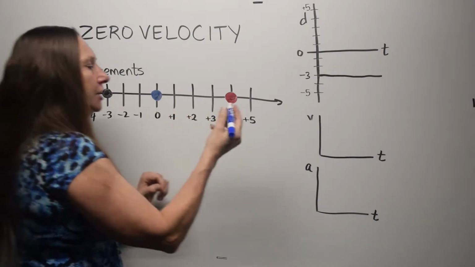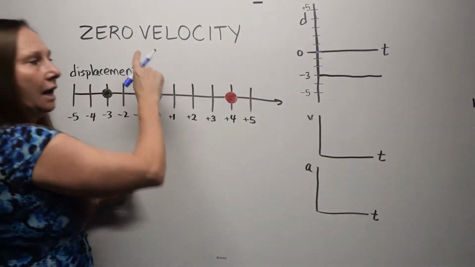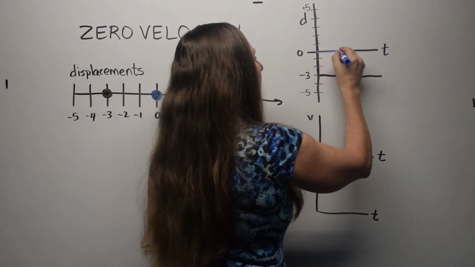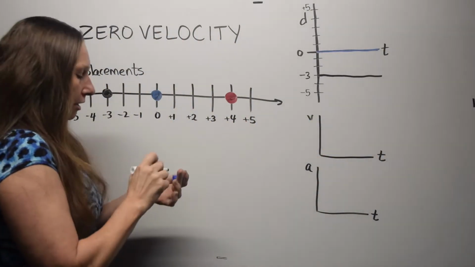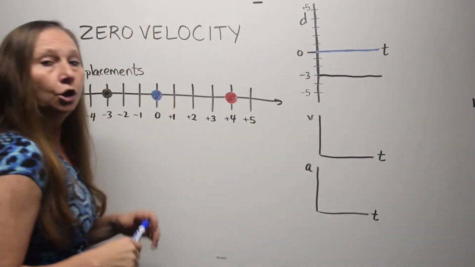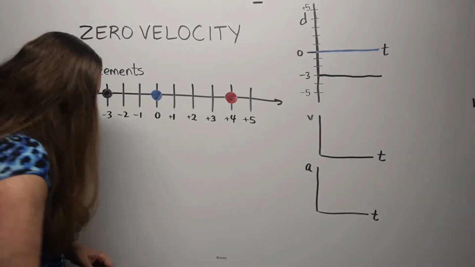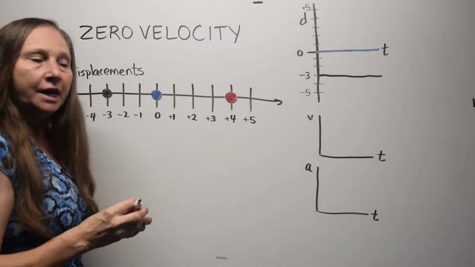This person is standing at 0, and they're not moving, 0 velocity, so they stay at 0, they stay at 0. So both of those graphs show 0 velocity. It's also telling us where the people are standing.